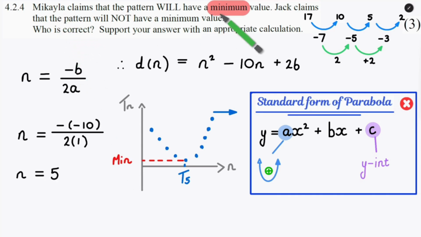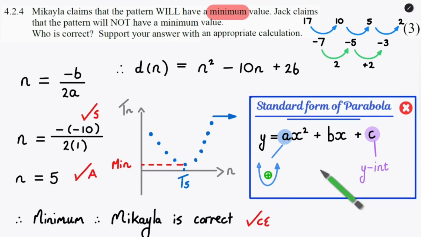So Michaela is correct. We just need to conclude there is a minimum and Michaela is correct. And then our 3 marks come from the substitution into this formula, the answer for the turning point of our parabola, as well as concluding that Michaela is correct with the correct explanation to back that up.